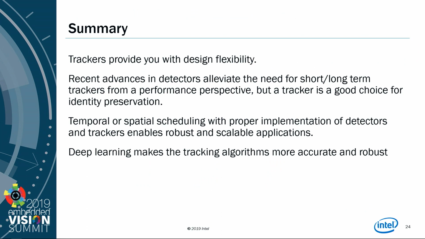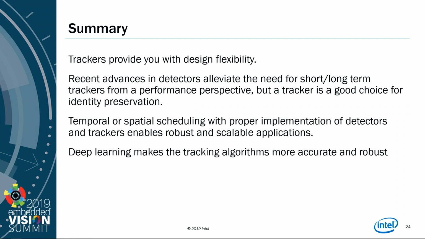So in summary, trackers provide you with design flexibility. Even if recent advances in detectors alleviate the need for these trackers, from the performance perspective the tracker is still a very good choice when you design real-world applications. To do that, you can also apply temporal or spatial scheduling with a proper implementation of detectors.